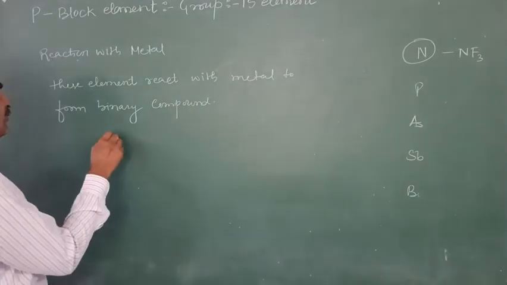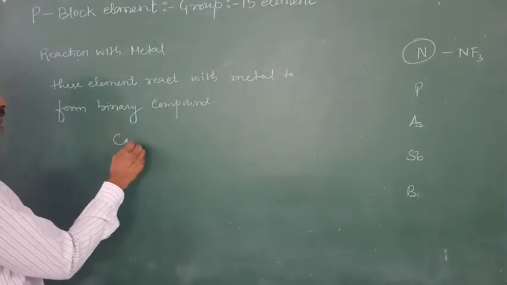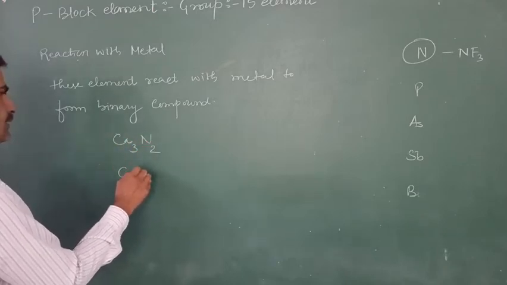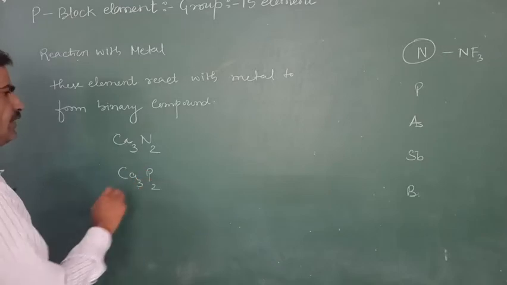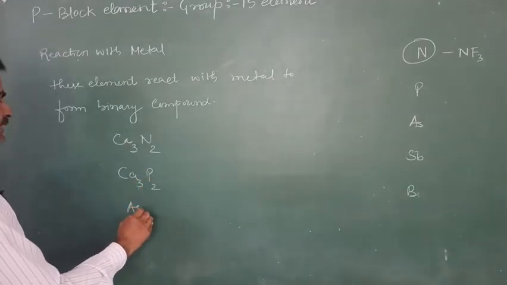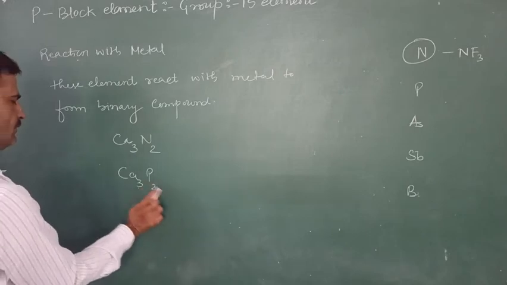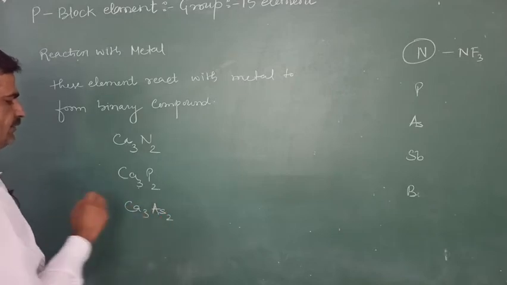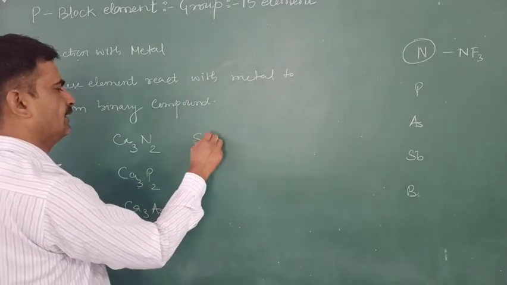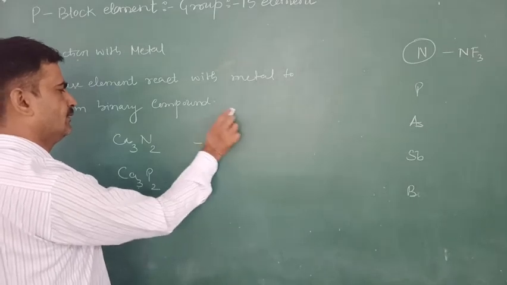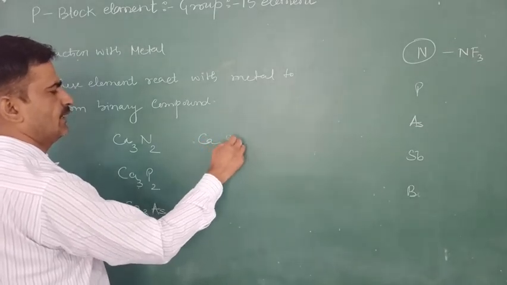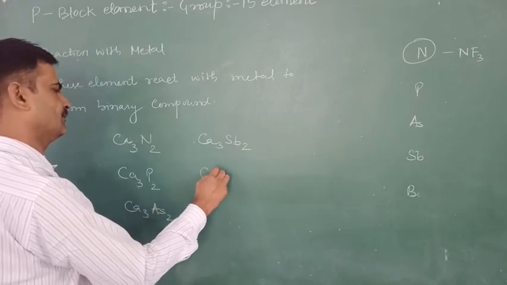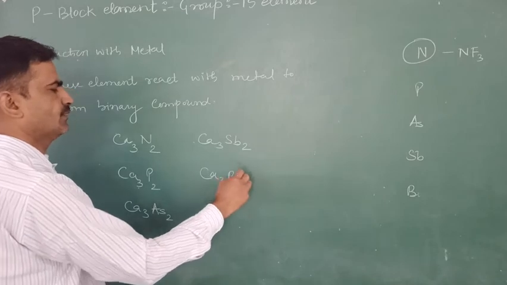Just like nitrogen reacts with calcium, it forms calcium nitride, and phosphorus forms calcium phosphide, arsenic forms calcium arsenide, antimony forms calcium antimonide, and bismuth forms calcium bismuthide.